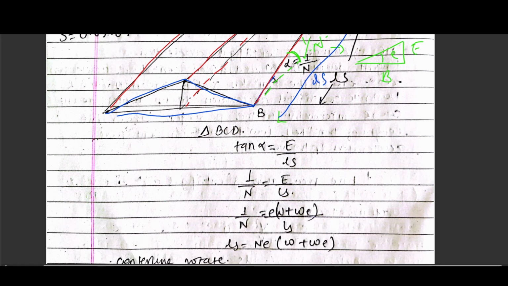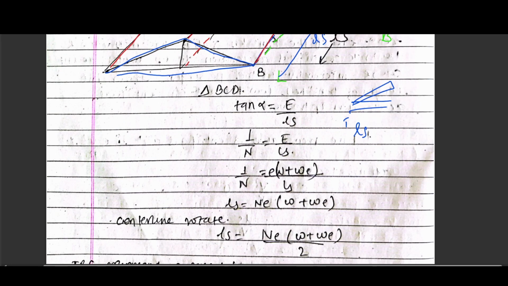And if super elevation is provided by rotating the pavement about the inner edge, then the Ls value is not divided by 2. That means W plus We is not divided by 2, because it is provided along the whole length, that is W plus We.